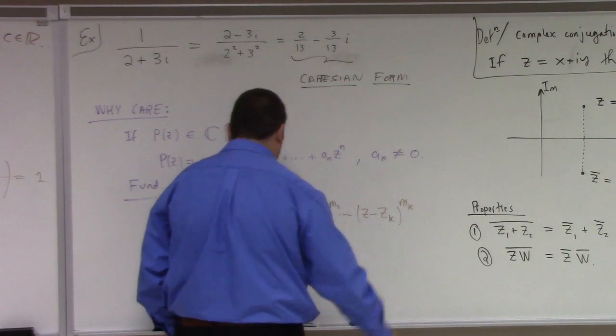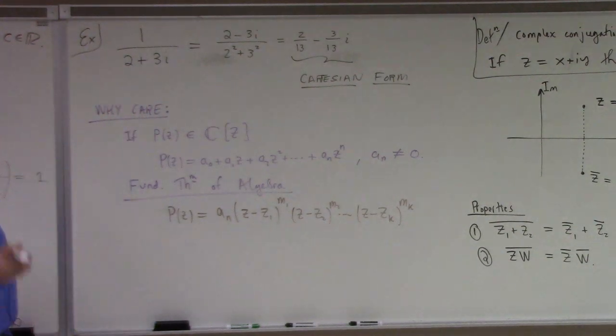The fundamental theorem of algebra says that a complex polynomial can be factored into a product of linear factors, possibly repeated. This is equivalent to saying every complex polynomial of order n has n zeros, or n roots, possibly complex, possibly repeated. That's the fundamental theorem of algebra.